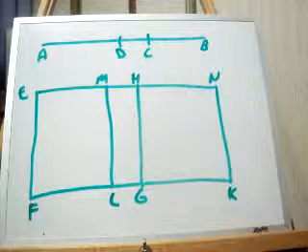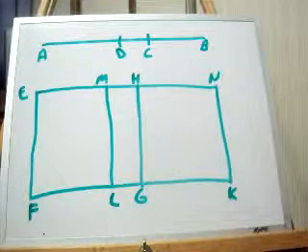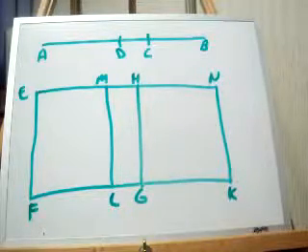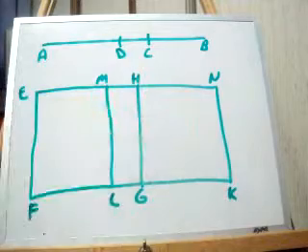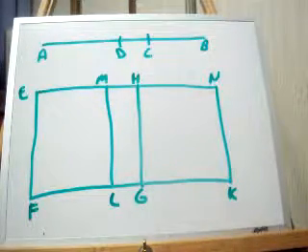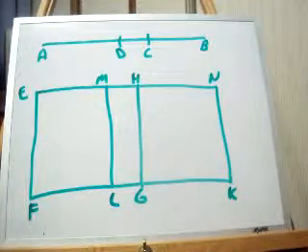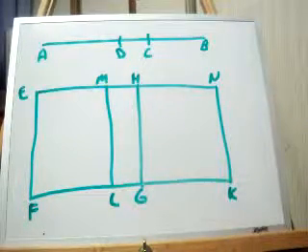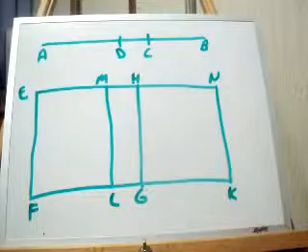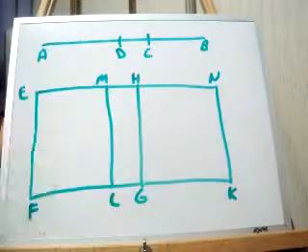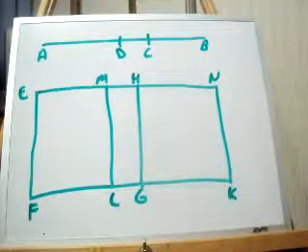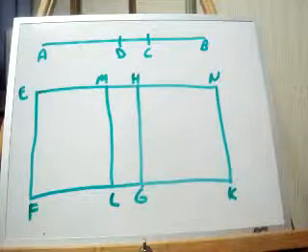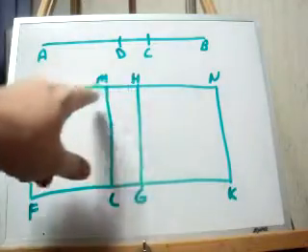And EN will be a binomial straight line divided at different points H and M. So this line here is binomial, and it will be divided at different points H and M, right there and right there. And EH is not the same as MN. So we can't say that the length of EH is the same as the length of NM.